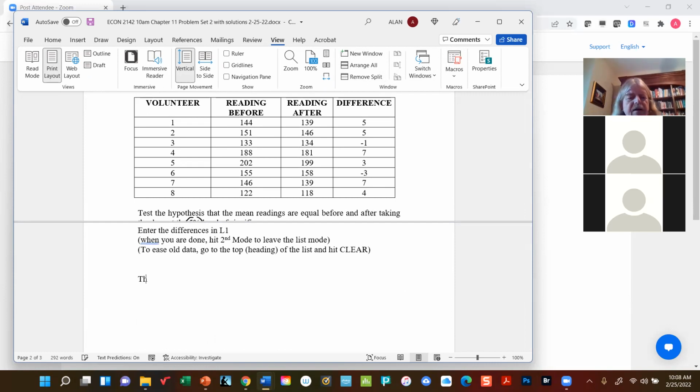So the calculator can then calculate the mean and the standard deviation of the differences, as follows. You would hit stat, and this time when you hit stat, you're using the middle menu, which is calc. And then you're going to choose the first one, which is 1 var stats.